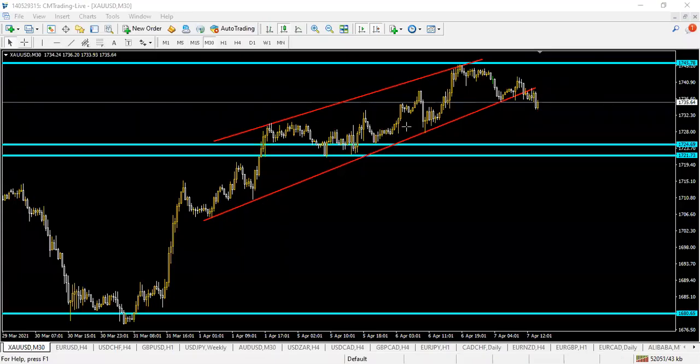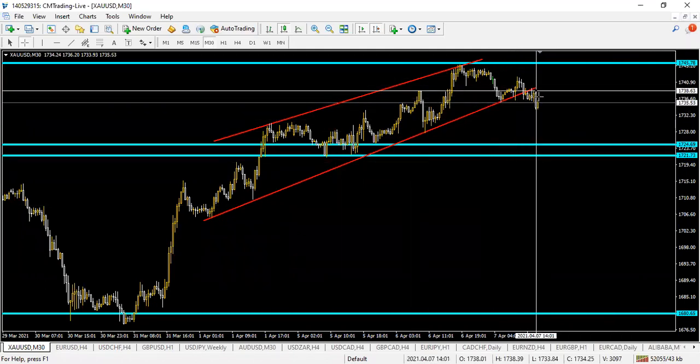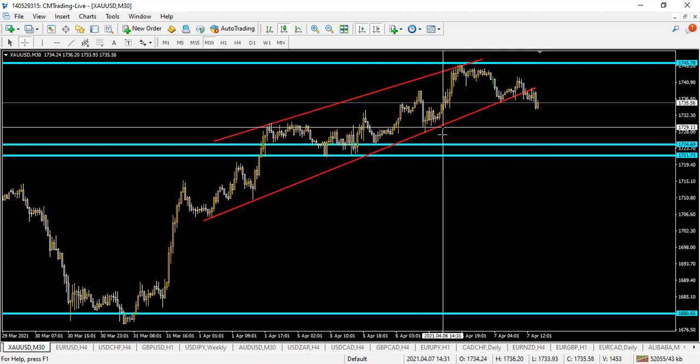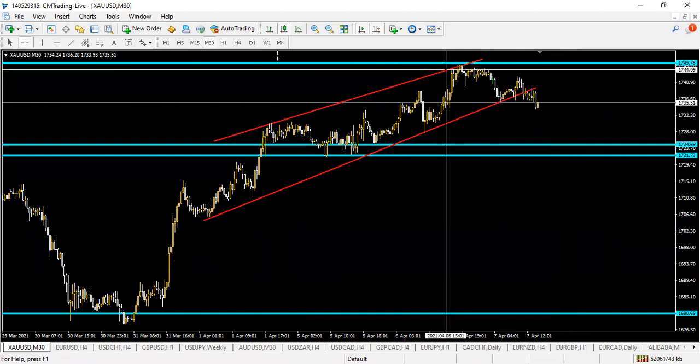XAUSD has been in a bullish formation without a doubt, but that bullish formation was broken earlier on, and we took a sell earlier on. So I've sent a close trade advice on this particular setup.